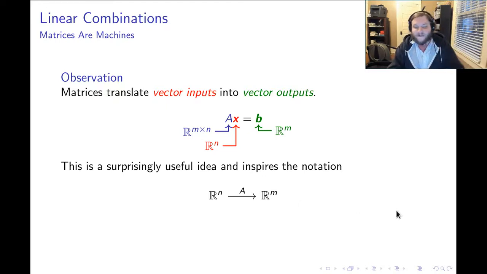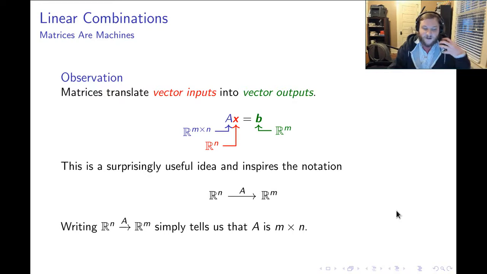And this looks like maybe a complicated thing, but it's no more complicated than simply saying that A is m by n. So if someone writes A over an arrow from R^n to R^m, all they're communicating is that A has m rows and n columns.